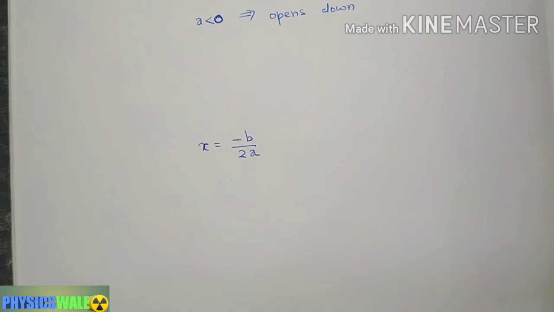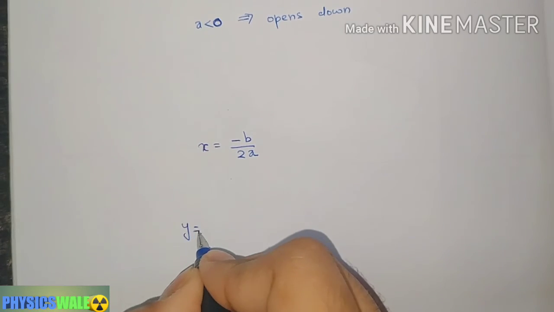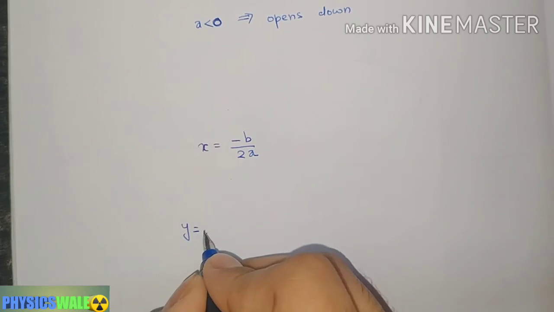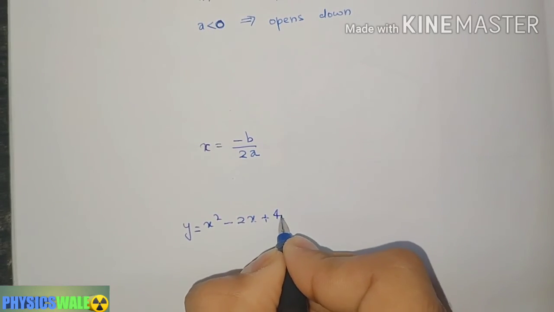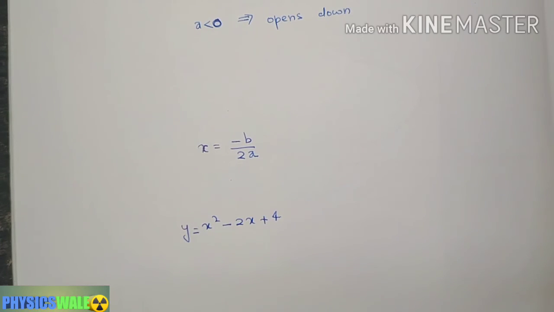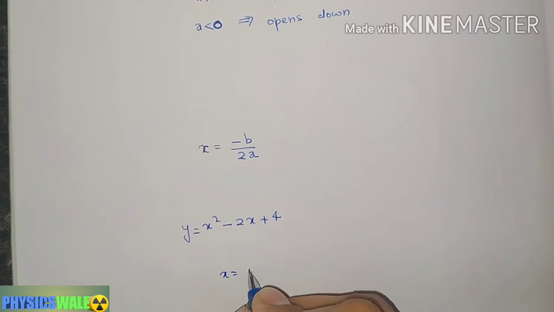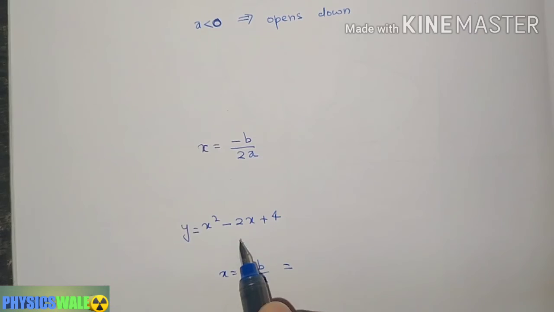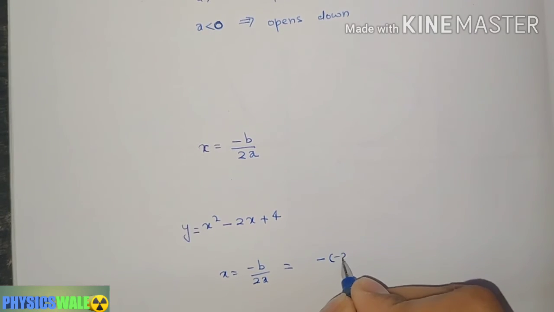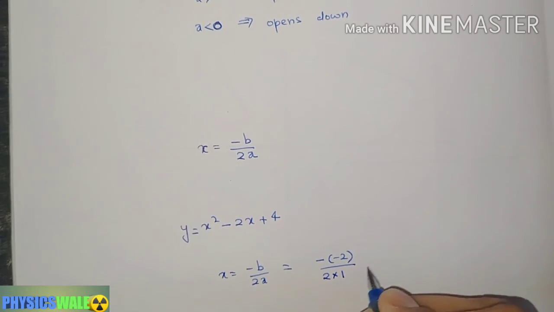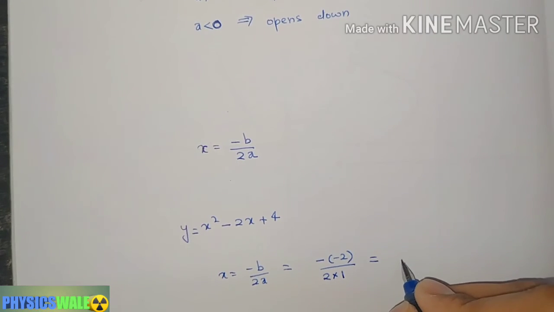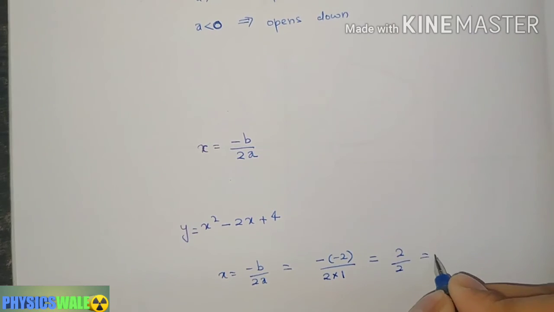Let us understand this with the help of an example. Consider the quadratic equation y is equal to x square minus 2x plus 4. The axis of symmetry for this equation will be x is equal to minus b divided by 2a. In this equation, b is minus 2. It becomes minus of minus 2 divided by 2a. A is 1 here. So it becomes 2 divided by 2 equal to 1.